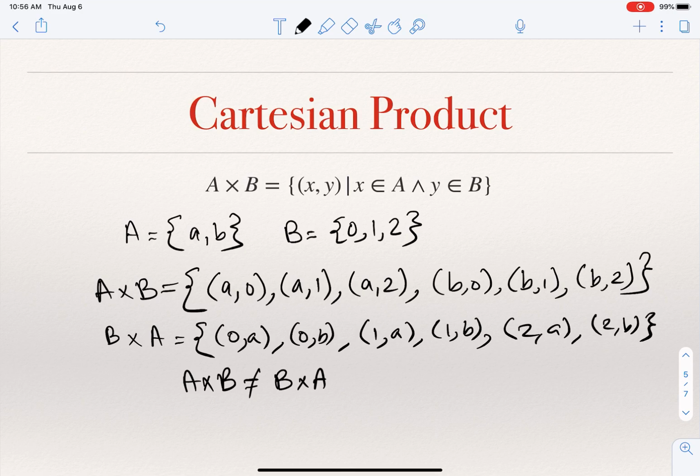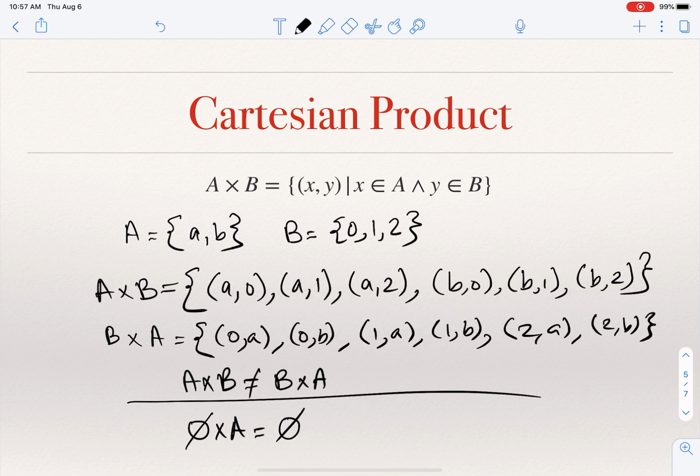In particular, if I take, for example, the empty set times A, for whatever set A, then I need to ask what pairs can I form by taking one element from the empty set and one element from A? Well, are there any elements in the empty set? The answer is no. There are no elements. Therefore, the empty set times A equals the empty set.